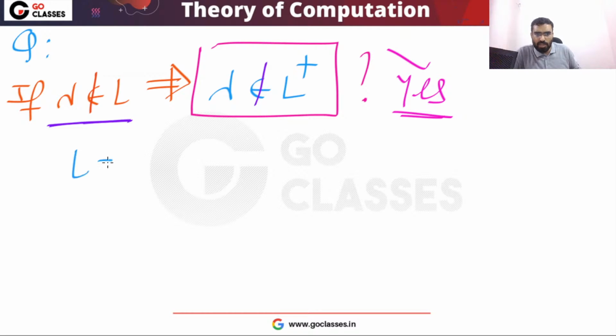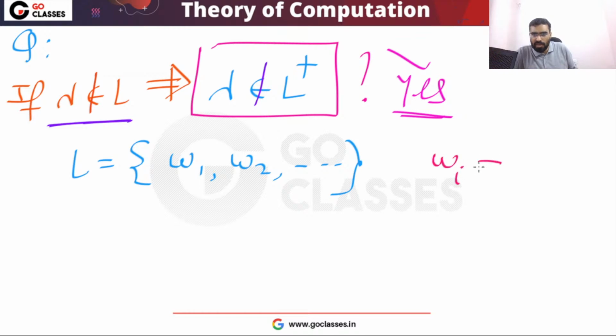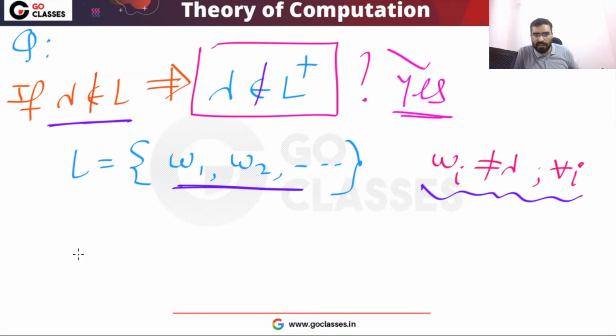If your L does not have the empty string, just think about it. Let's assume in the language L, the empty string is not there. Then the empty string cannot be in any L power n.